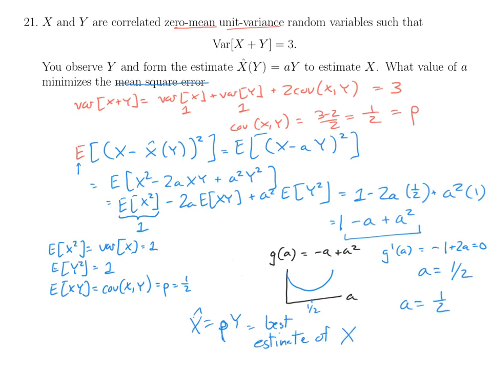Essentially, x hat equals rho y is this straight line that is the least squares fit through the cloud that gives you the best estimate of x given y.